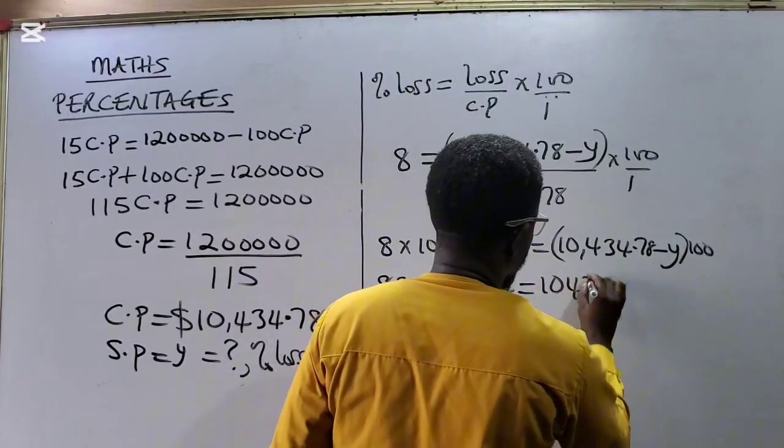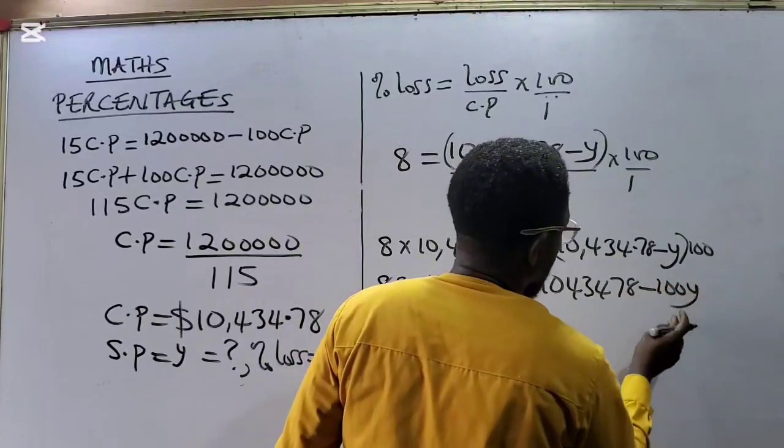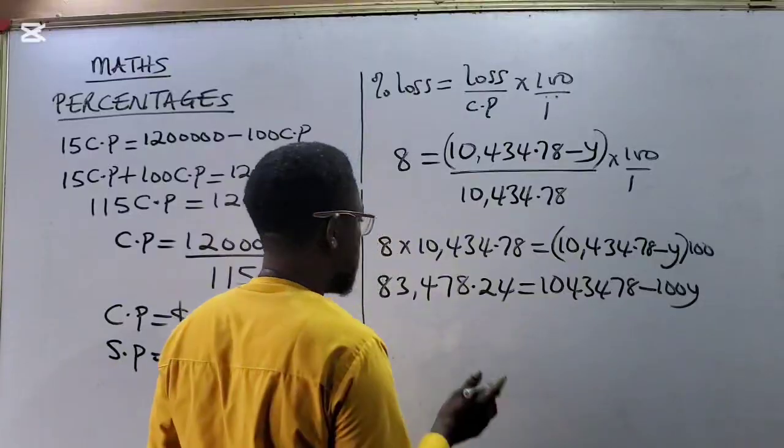You have 10,434.78 minus 100Y. So transfer the 100Y across, then take this one across the equality by collecting the like terms.